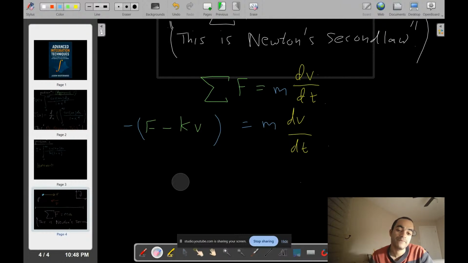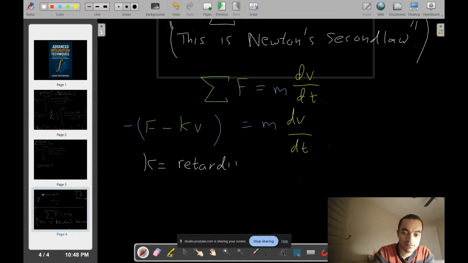So it's decelerating. Anytime you have a retarding force, you have this drag. F is the force, V is the velocity, and K is like a retarding coefficient. So K is the retarding coefficient.